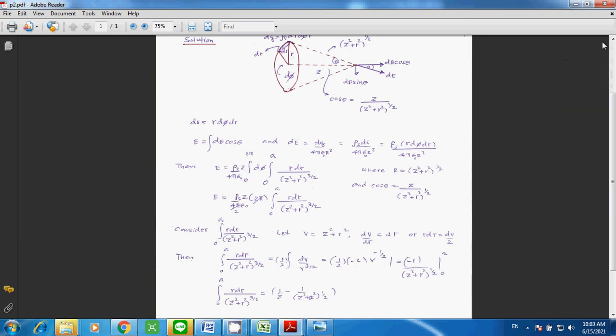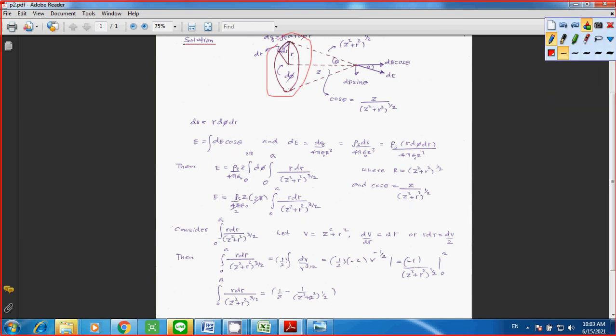Because one circle here is 2 pi, so you end up with 2 pi. Now consider the integration of r dr over z squared plus r squared to the power 3 over 2.